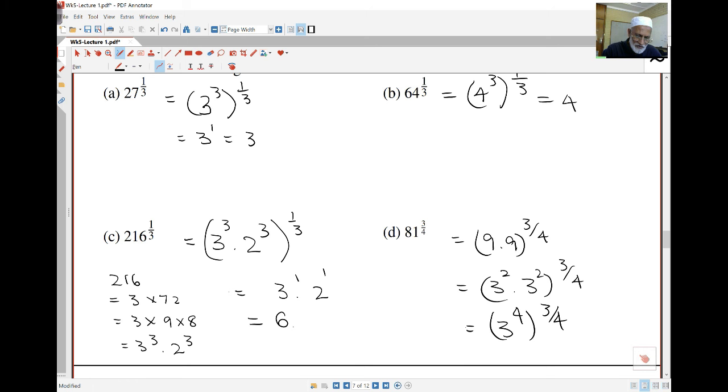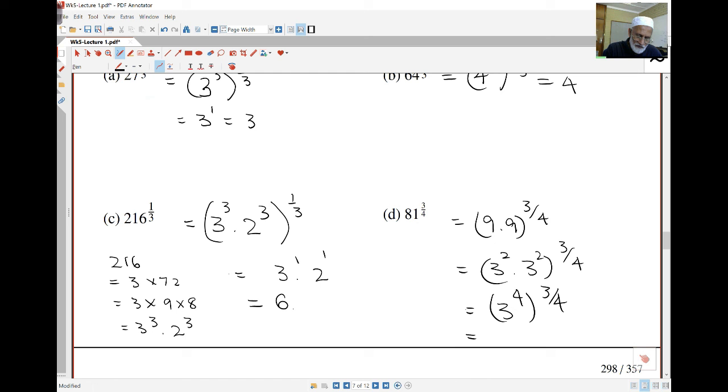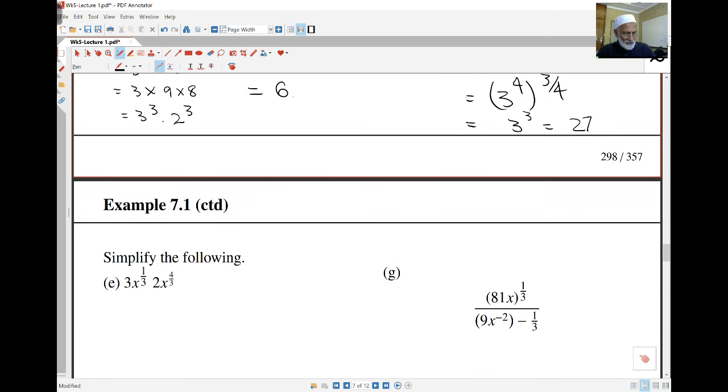In these situations, we try and take the root first because that makes smaller numbers. So obviously 3 to the 4th times 3 quarters, essentially the 3 quarters times 4 gives me 3, and that is 3 times 3 times 3, 27. That's how this works. Just using the rules.